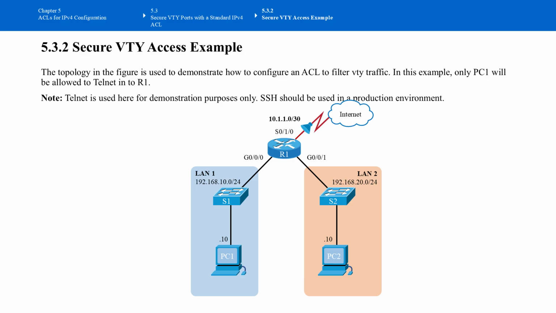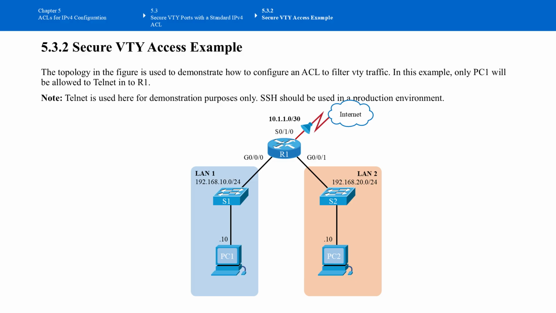LAN 2 is 192.168.20.0/24, and PC2 has IP 192.168.20.10. The goal is that only PC1 is allowed to remotely access R1 through the VTY lines.